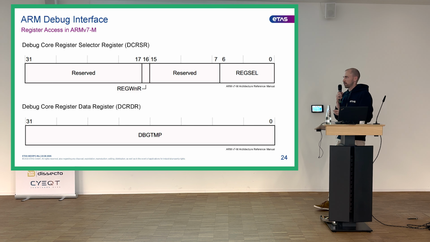It's a bit of code and takes a bit of reading, but just with this, I can implement my own debug system if I wanted to. I don't have to, because OpenOCD does this already for a lot of the ARM devices. But if I wanted to, I could.